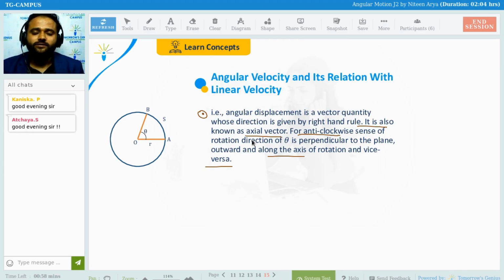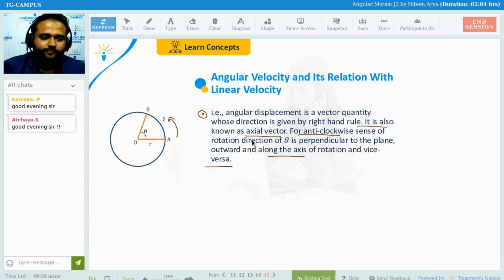Whenever we find theta, or angular displacement, we always find it in the anti-clockwise direction. When we go anti-clockwise, the angle is positive. When we go clockwise, the angle is negative. As you can see, here we find it in this way, which is anti-clockwise.